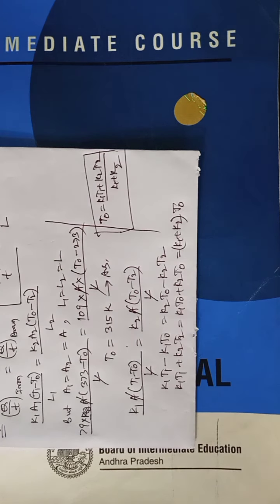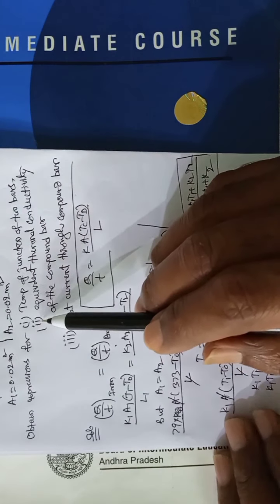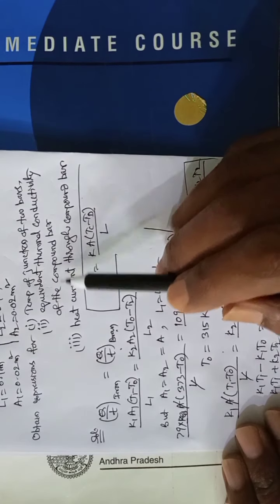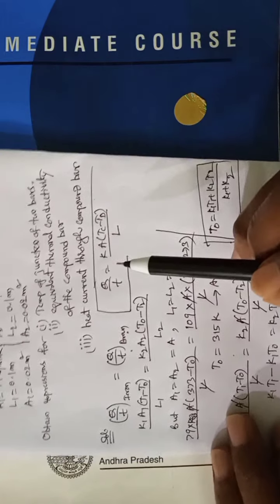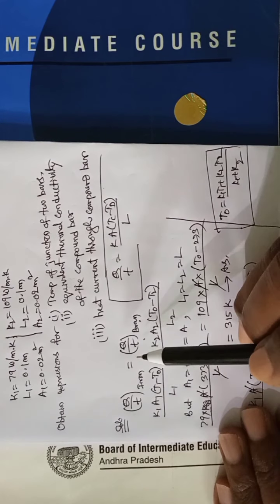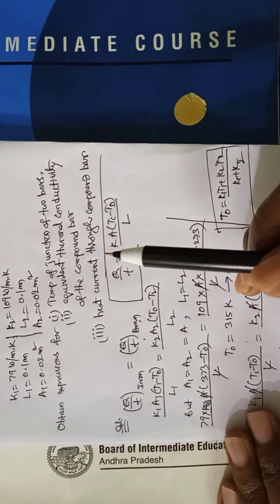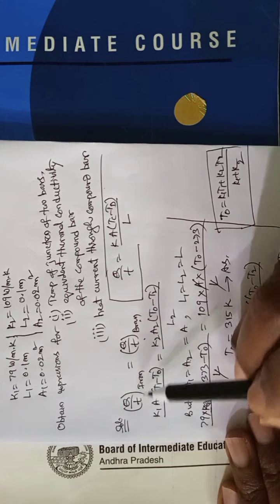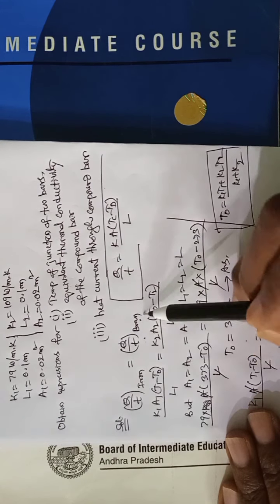Now let us go to the second one: the equivalent thermal conductivity of the compound bar. For that, what shall we do? We know the rate of heat flow is the same anywhere. Therefore, on the left hand side let us write Q by t for iron, and on the right hand side Q by t for the compound bar.